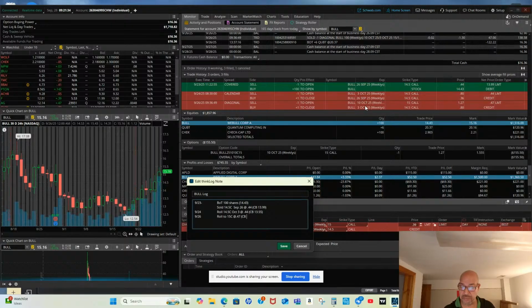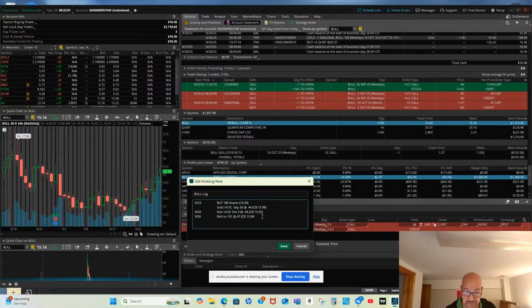Because now this puts me in leaving this alone for 2 weeks, right? Because next Friday, the 3rd, I just rolled it out to the 10th, but I took in that 47 cents, bringing my cost basis down yet again to 13.55 minus 47 is 13.08. Is that right?